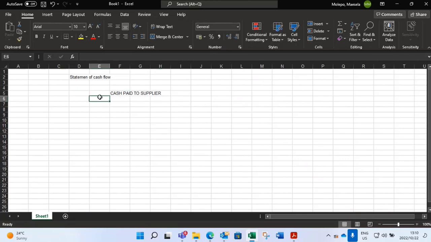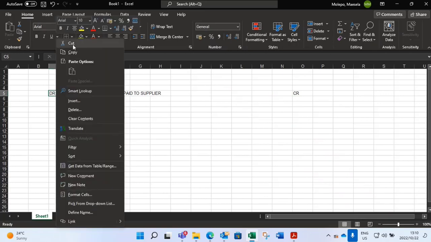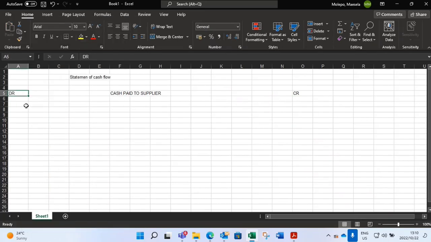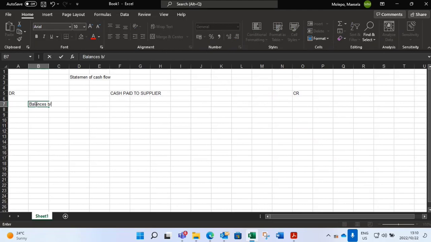So on your debit, you'll have the balances brought down. These are the opening balances.